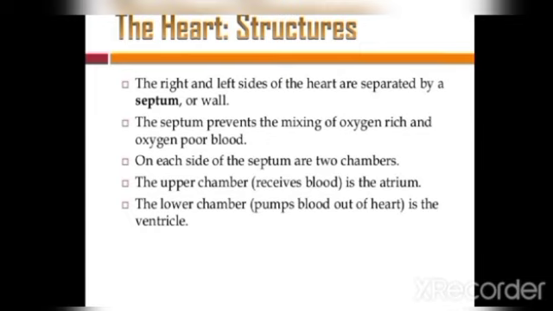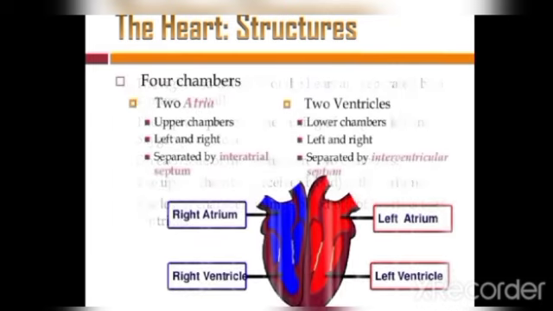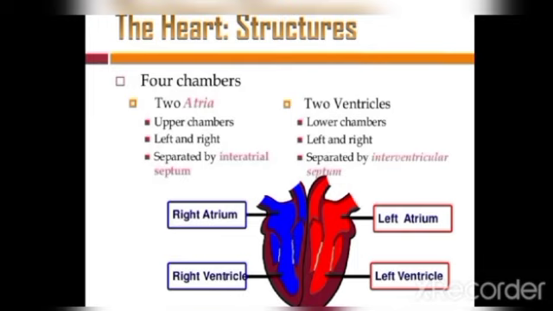The septum prevents the mixing of oxygen-rich and oxygen-poor blood, meaning oxygenated blood from deoxygenated blood. On each side of the septum, 2 chambers are present. The upper 2 chambers are the atria, which receive blood, and the lower 2 chambers are called ventricles.